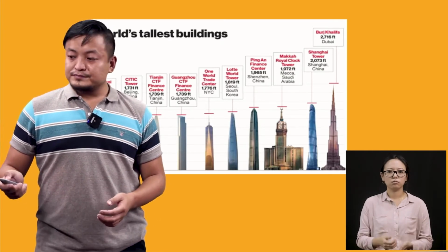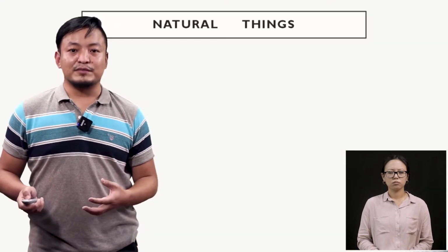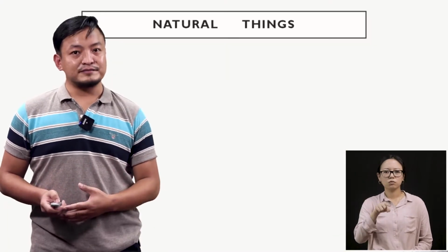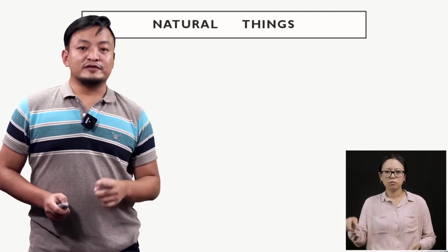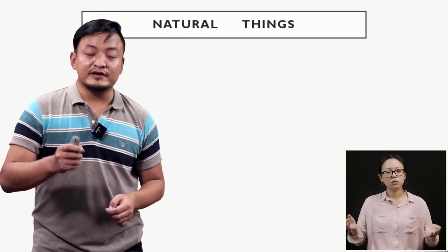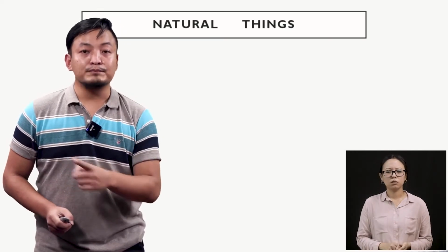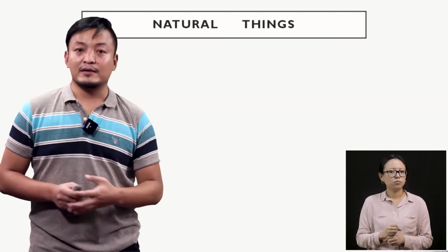So students, now I'm sure you have learned many examples about the man-made things, right? So next, we are going to discuss about the natural things. Now the natural things are things which are not made by man. Okay? Which are not made by man.